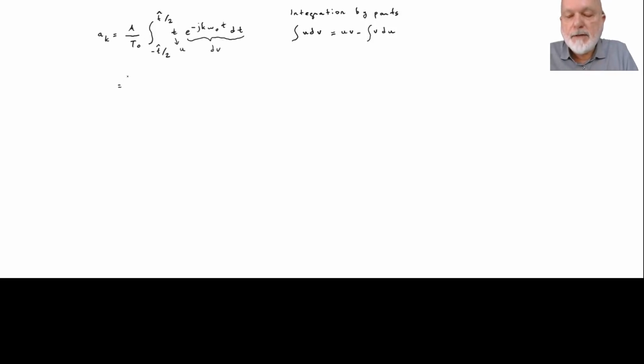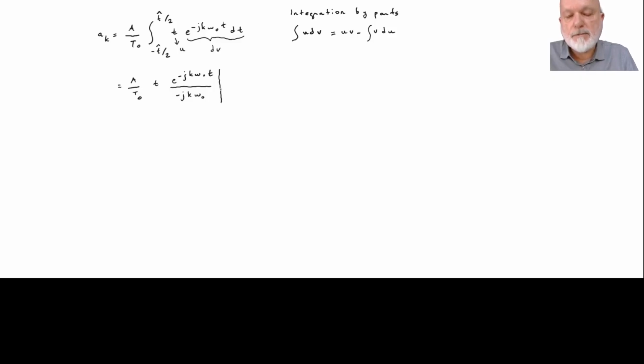So we have a over t0, then we have t, and v is e to minus jk omega 0 t divided by minus jk omega 0.